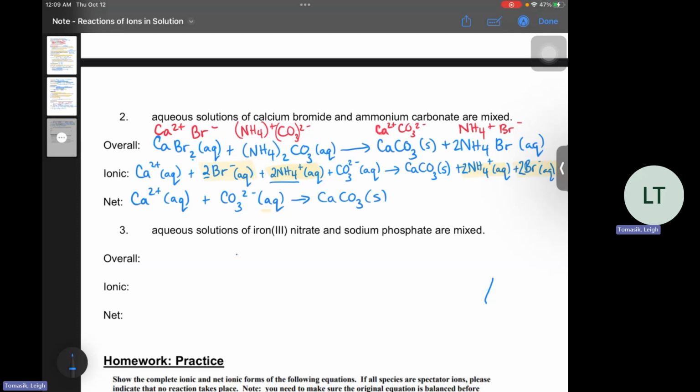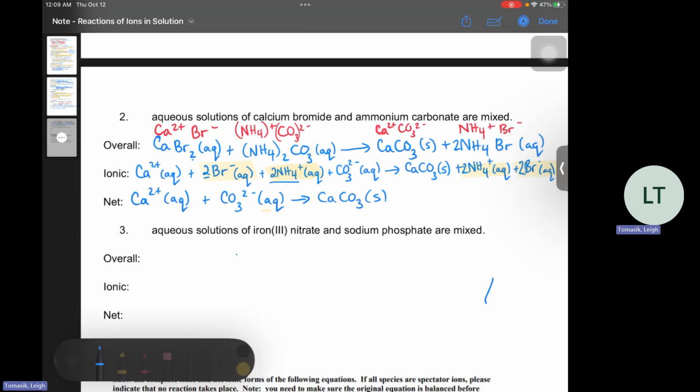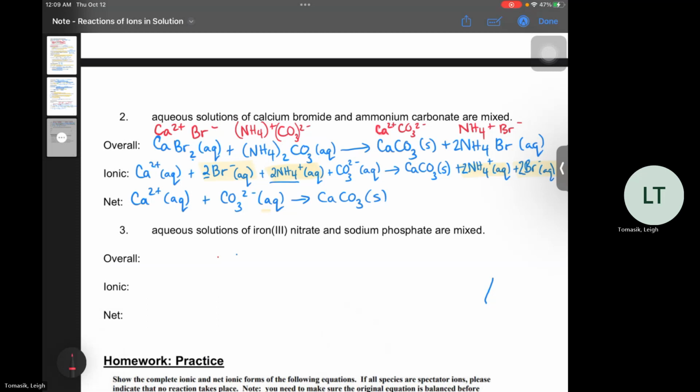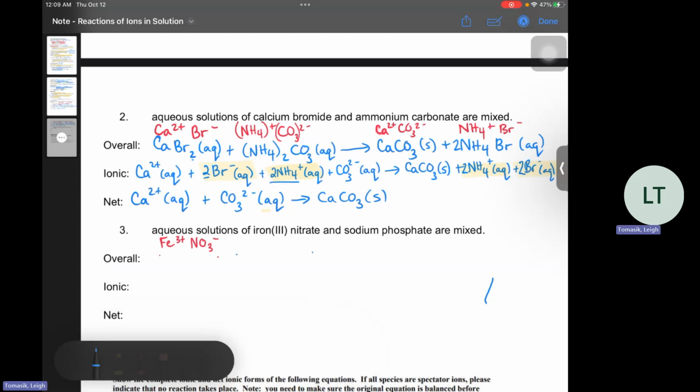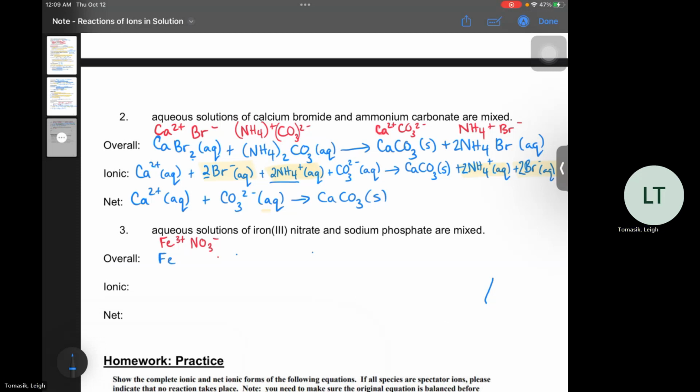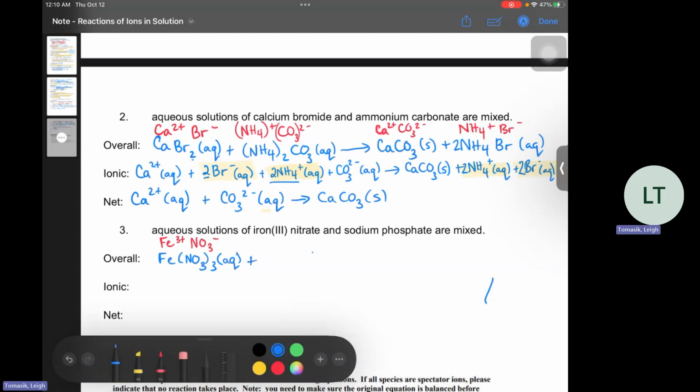It says aqueous solutions of iron 3 nitrate. So iron 3 and nitrate. This is going to turn into Fe(NO3)3 aqueous, plus sodium phosphate.